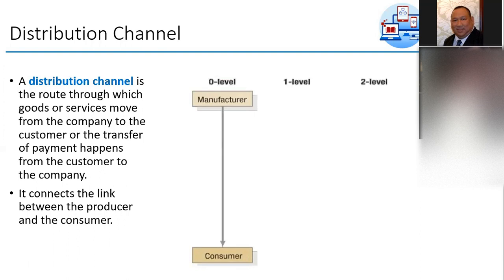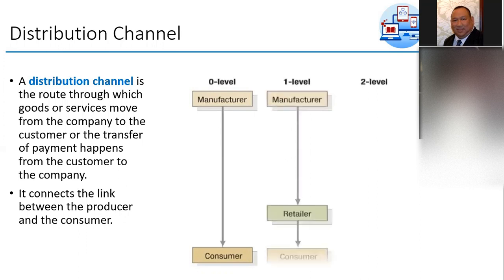Different books, different authors have different schemes, different categories. So let us just stick with this: 0 level, 1 level, 2 levels, 3 levels. When we say 0 level, there is no intermediary, so we are directly connected to the customer. 1 level, there is one intermediary. In this case, it is shown from manufacturer, it will go to the retailer, going to the consumer.